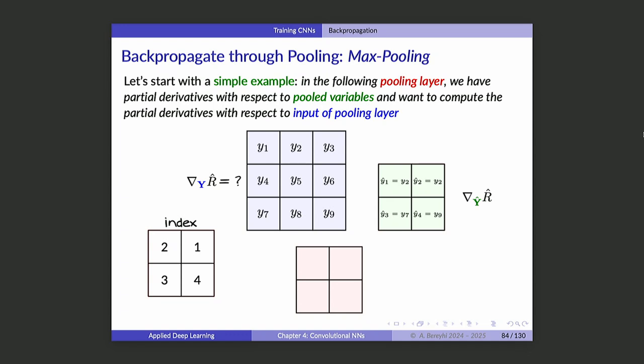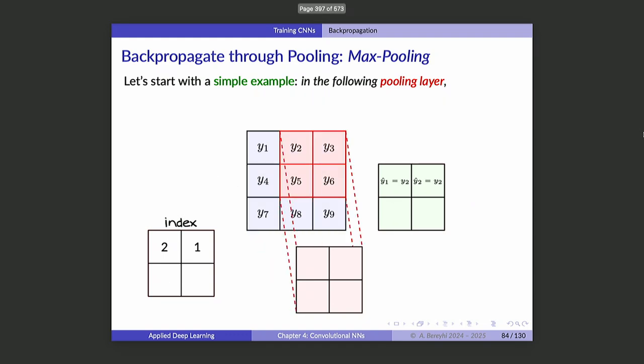This is the one which I told you we need to keep, right? So for instance here, what is the index? Index of the one which is maximum is 2, because here is 1, 2, 3, 4. Here is 2, right? Now, here the index is 1. Everybody sees why it is 1? Because on this red window here, y2 is located at index 1, right?